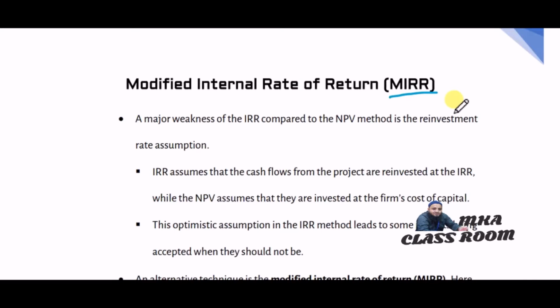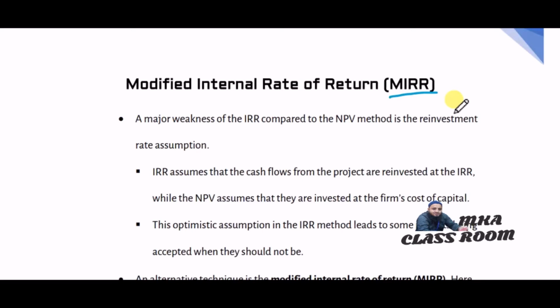A major weakness of the IRR compared to the NPV method is the reinvestment rate assumption. IRR assumes that the cash flows from the project are reinvested at the IRR, while the NPV assumes that they are invested at the firm's cost of capital.